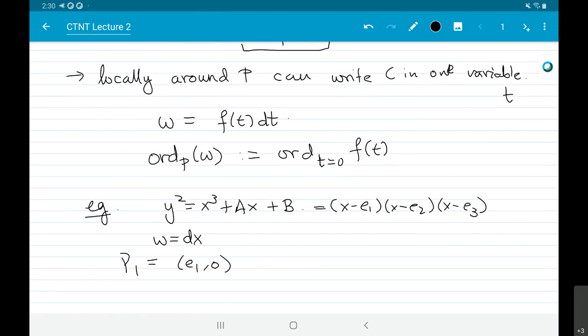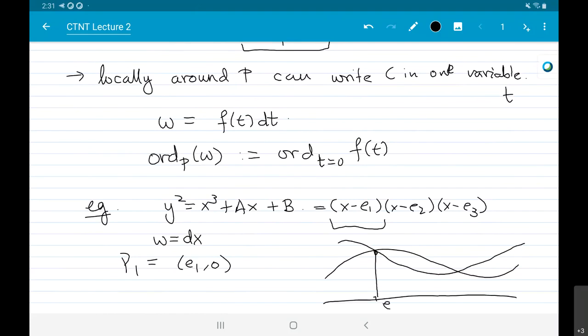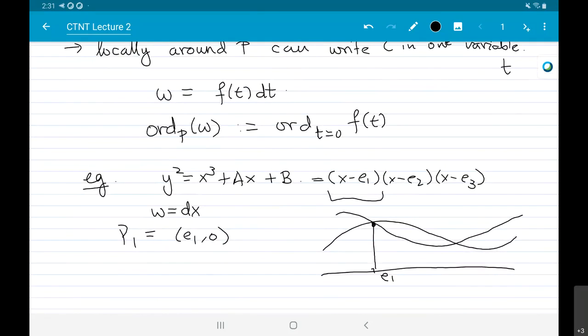At this point, e1 is somewhere here. It turns out that the local variable in terms of which you can write everything is y.